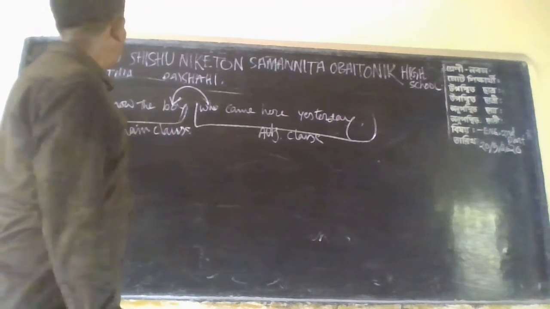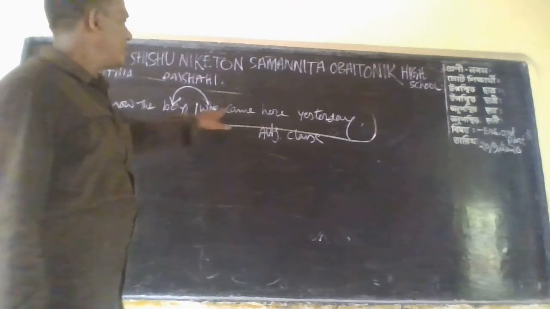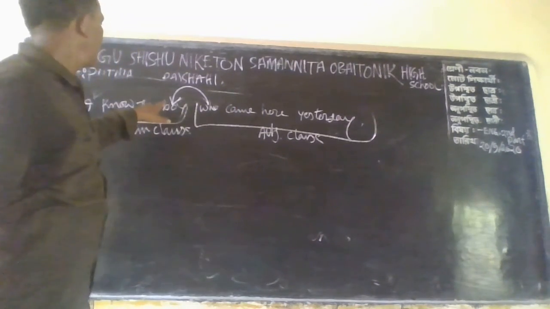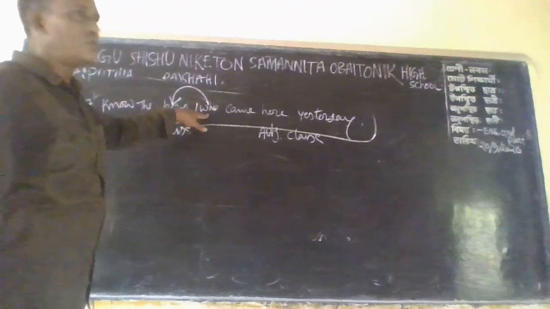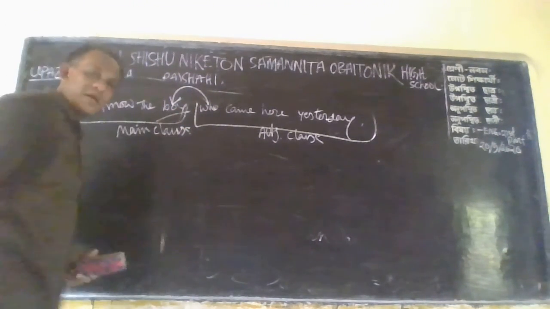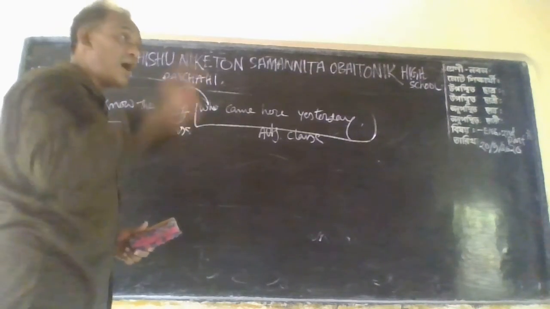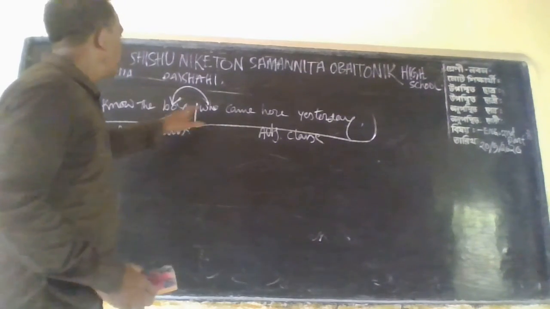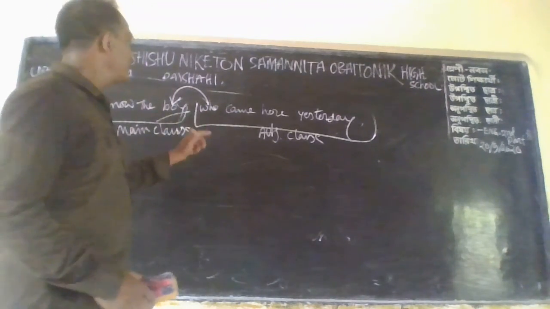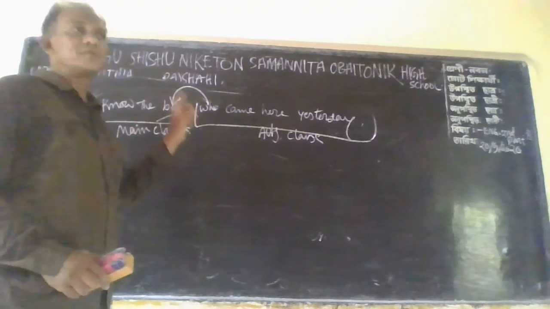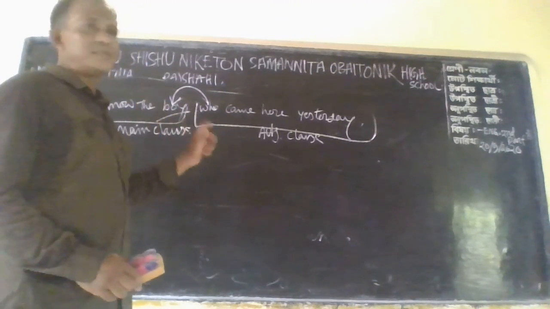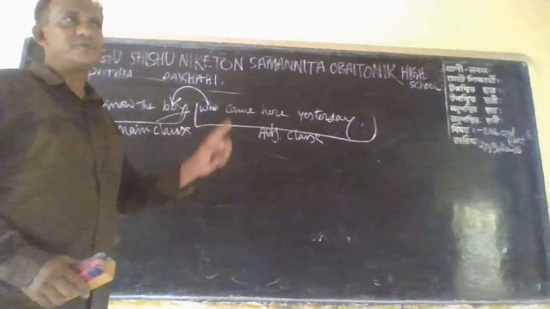I know the boy who came here yesterday. This is the adjective clause. Who all along denotes the boy whom I know, who tells about the boy. So adjective clause is always an indicator of any persons or anything.